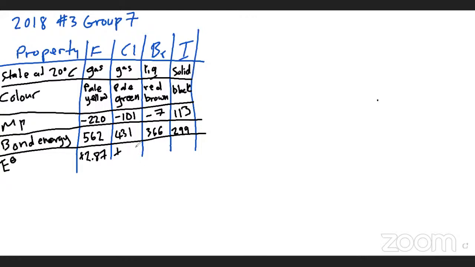Positive 1.36, positive 1.07, and positive 0.54. And remember, you will get your data booklet with these values as well.